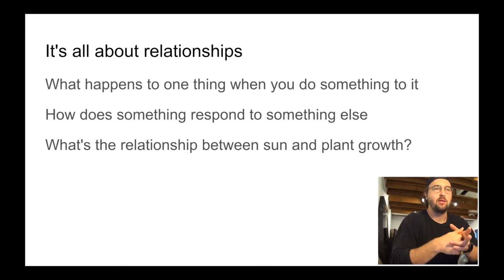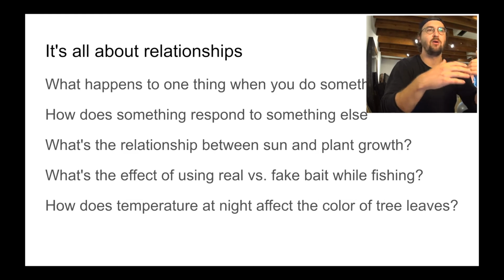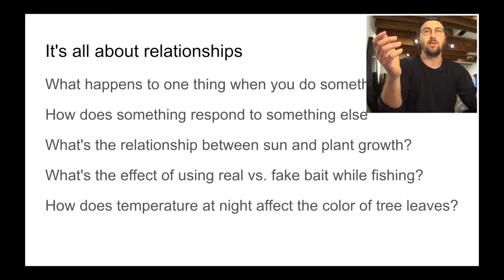The thing I want you to understand about this is that we can talk about relationships in a lot of different ways. In the past, you probably had teachers that talked about a testable question. A testable question and a hypothesis are really just a way of laying out what is the relationship that you're looking at and what you think is going to happen in that relationship.